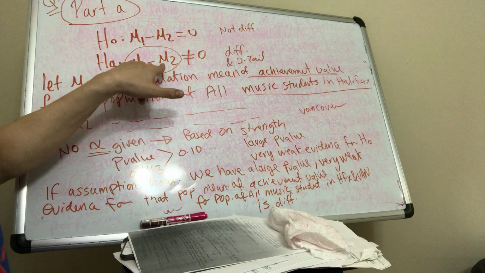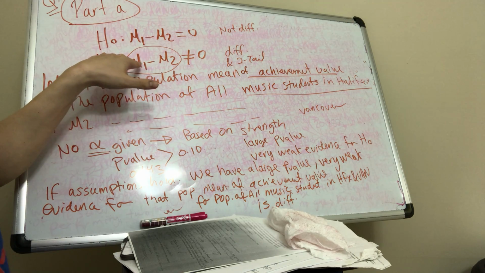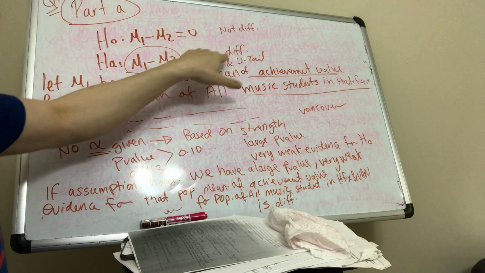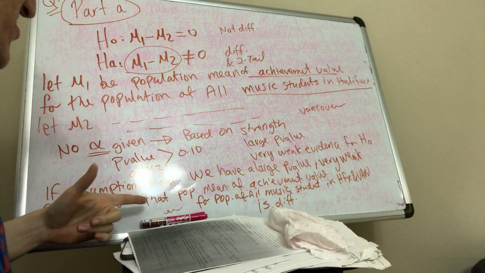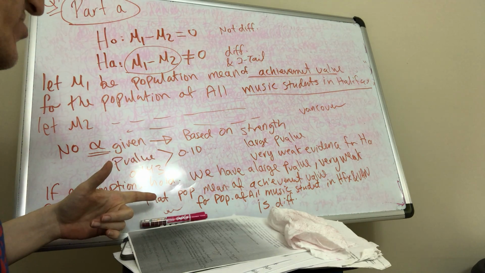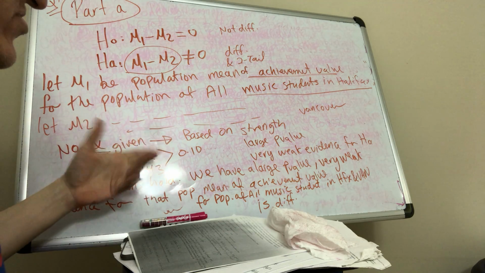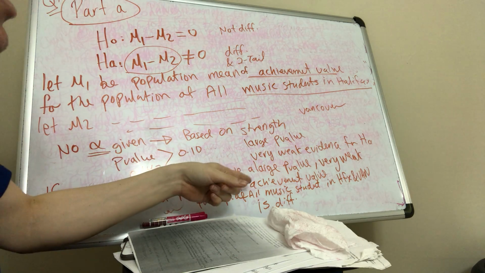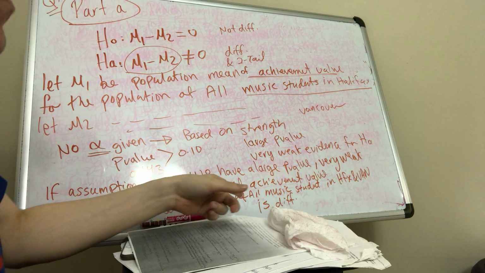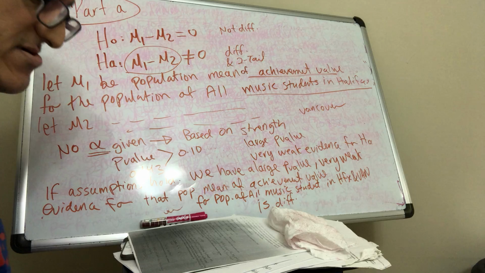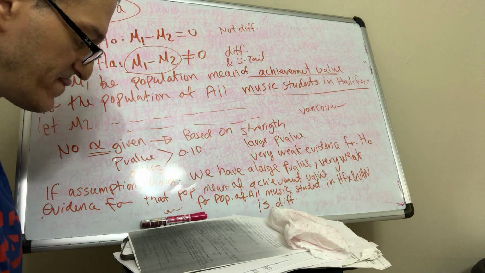So there is no proof that the mean of group 1 and the mean of group 2 are different. We have weak evidence, or we cannot prove, that the population mean of achievement value for the population of all music students in both cities is different. No proof that they're different.